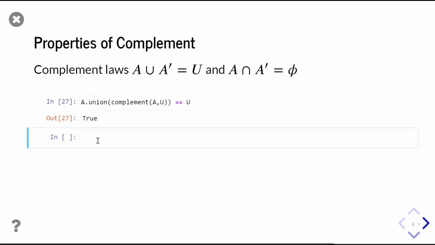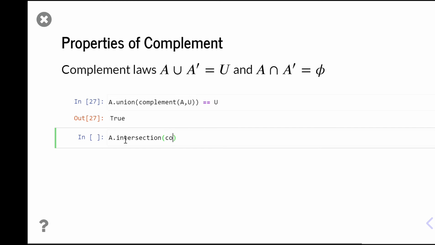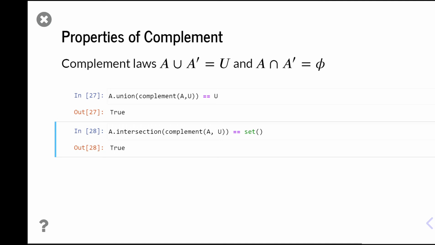We can also check A intersection complement(A, U), and we can check whether this is equal to the empty set. Python says that this is also True.